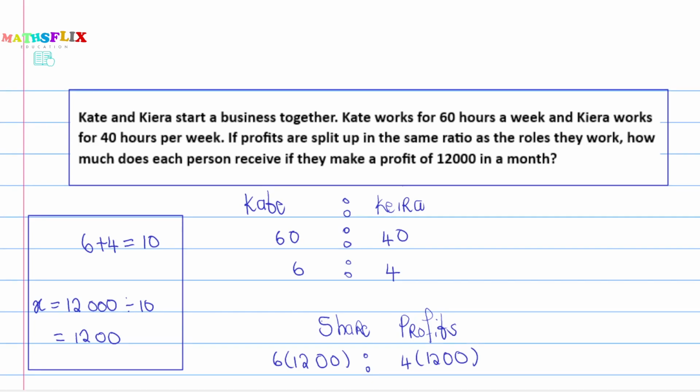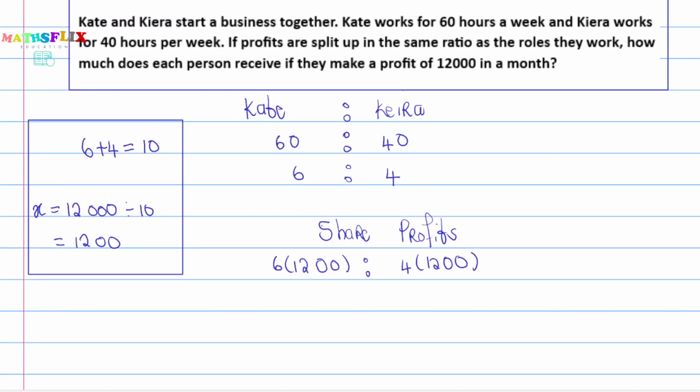This will help them to share the profits. 6 times 1,200 is, I'm going to wait for you to actually find out the answer. And then 4 times 1,200. So Kate will get 7,200 and Kiara will get 4,800.